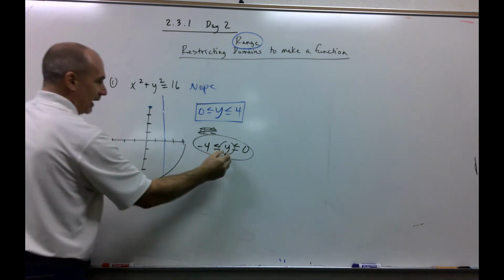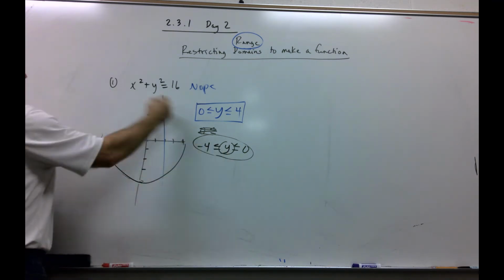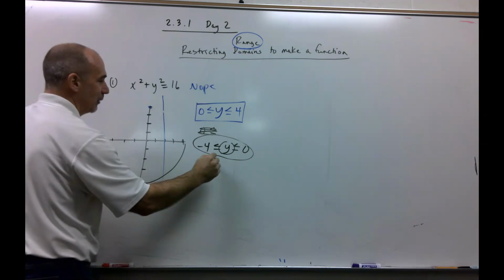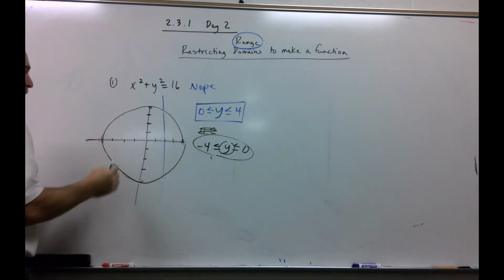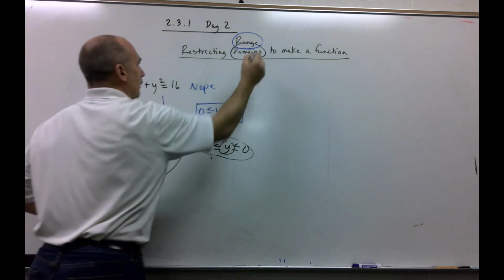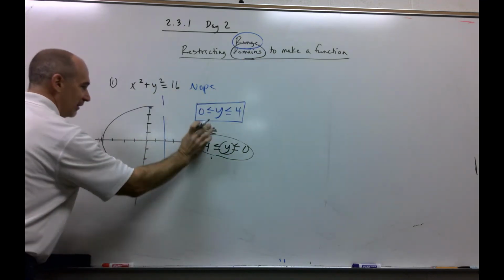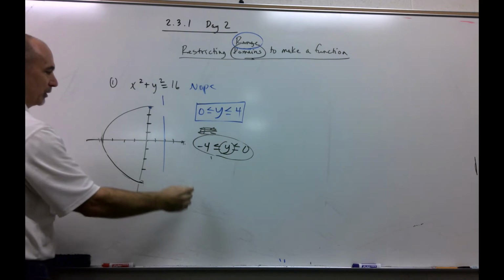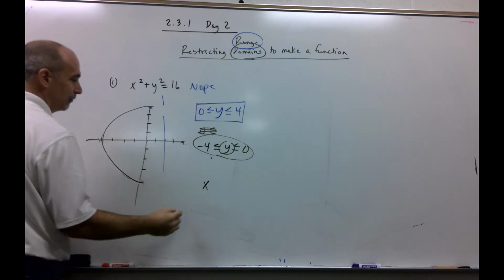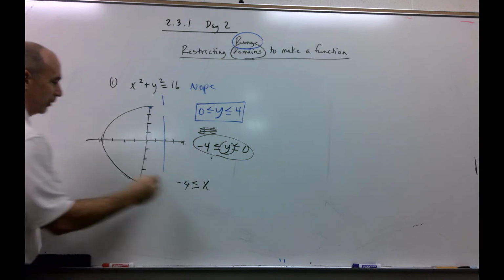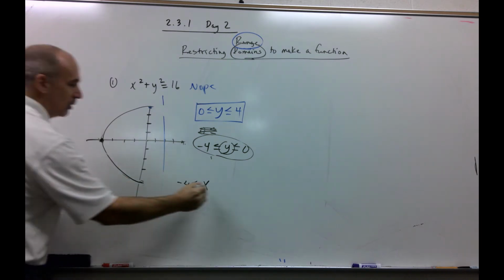So this portion of the actual graph passes, so that would be a function. Now what if we restrict the domain? We're like, okay, let's check this out. And we restrict the domain, which is our x, and we say, all right, x greater than or equal to -4, because this is -4, all the way to 0.